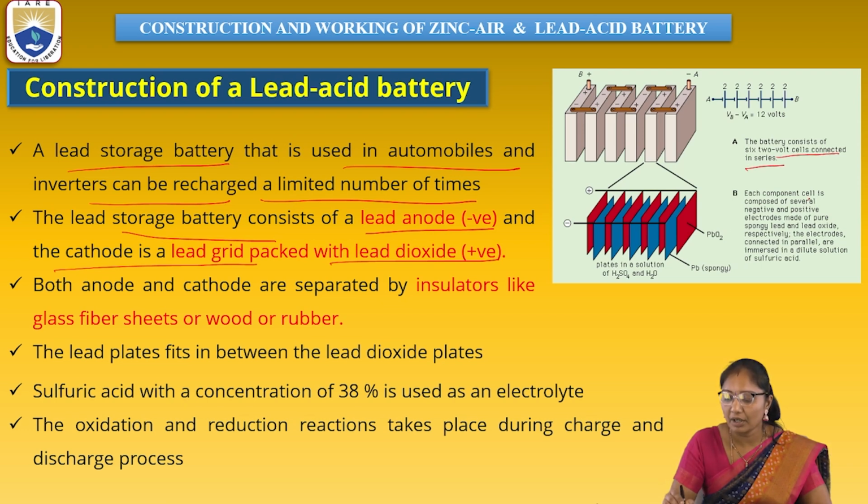Each cell is composed of several negative and positive electrodes made up of pure lead and lead oxide respectively. The electrodes, connected in parallel as we can see here, are immersed in an electrolyte solution, which is the acid, because it is lead acid. The acid used is sulfuric acid, H2SO4.